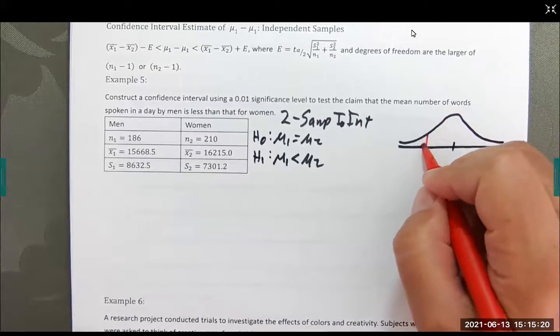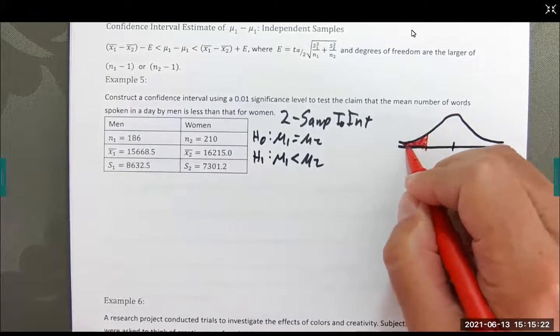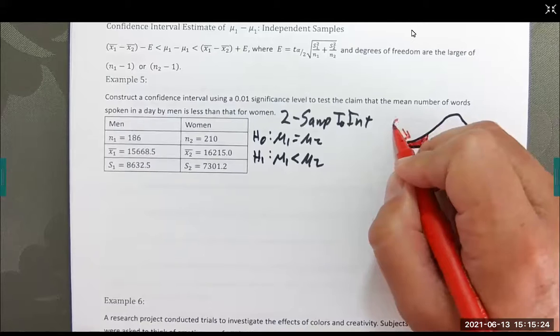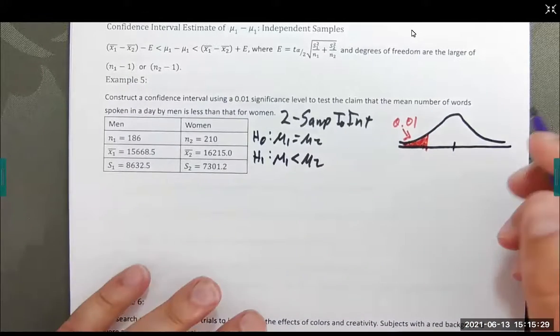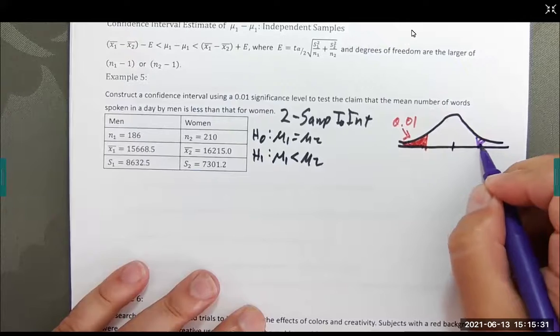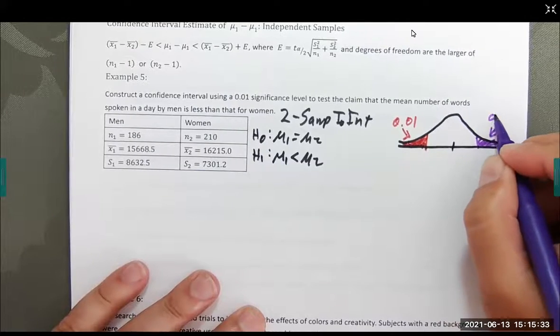The problem with the confidence interval is it has to be a two tail. And because this is 0.01, what I'm going to have to do is add a second tail.